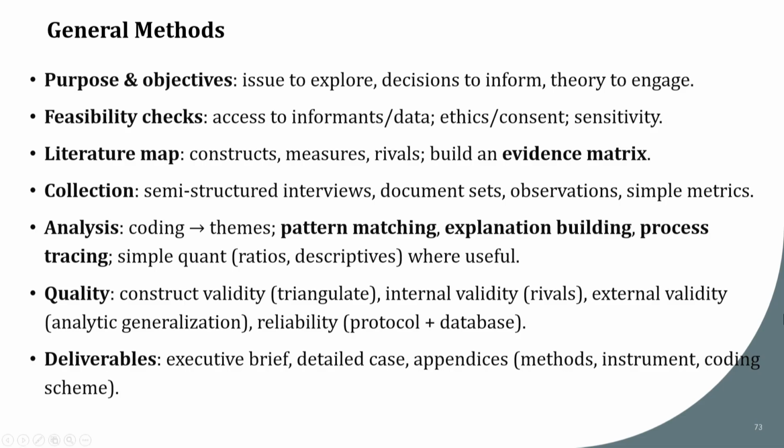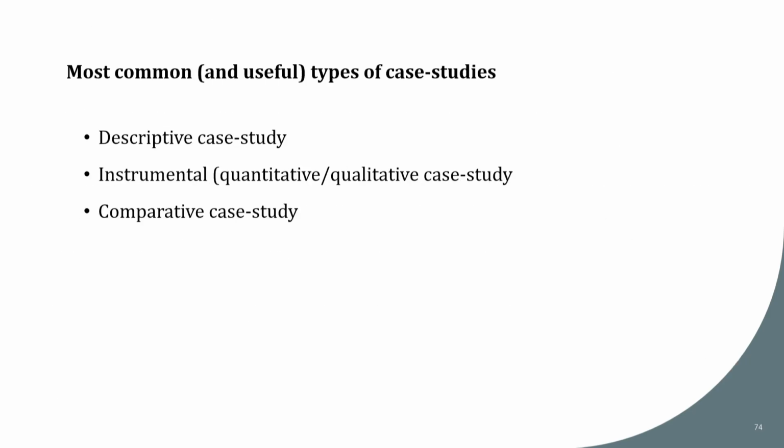So, depending on your research purpose, case studies can take different forms. So, let us explore the most common types. I am listing out here three major types of case studies. One is descriptive. Descriptive means documenting a case in detail, like the Kingfisher Airlines collapse.